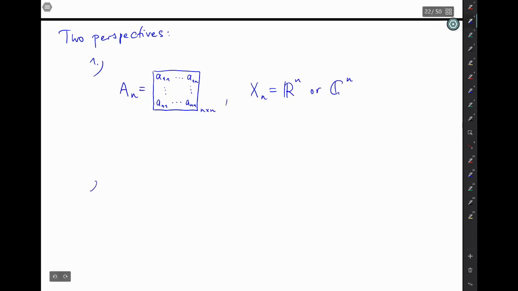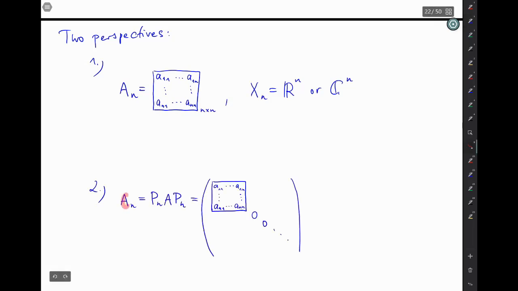Or you take this second perspective where you say An is what we computed as Pn before. So it's just this infinite matrix that, however, only lives on the top n by n corner, where it's exactly this matrix, and it's zero everywhere else. And this is acting on a space Xn of infinite vectors, obviously, being an infinite matrix.